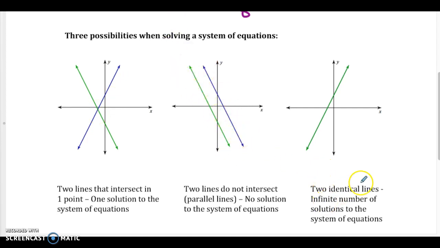And then there is an option where the lines are actually exactly the same, and so you've got infinite solutions. Any value of x and y will be a possible solution here. So as you're thinking through those problems, make sure you work on recognizing that you might not get one solution or no solution, but infinite solutions.